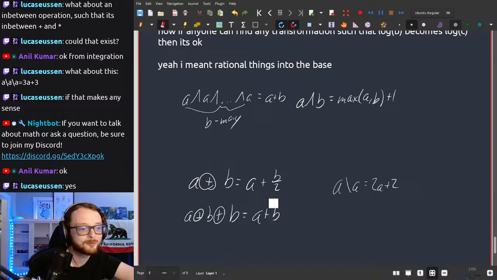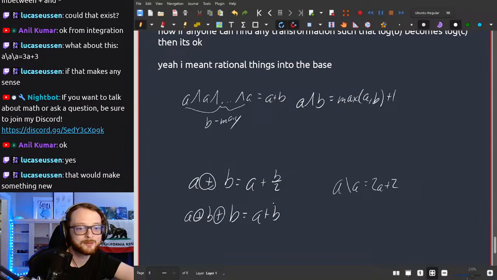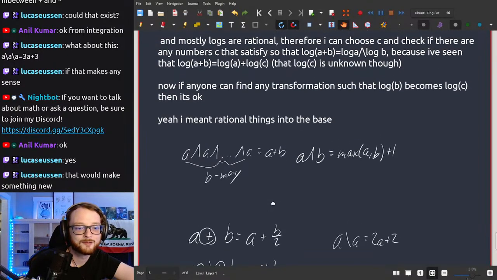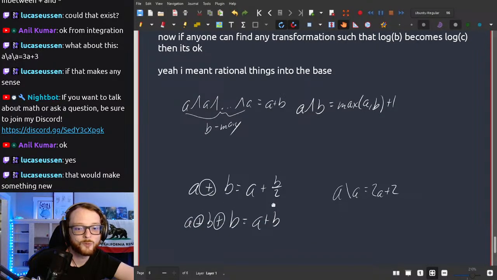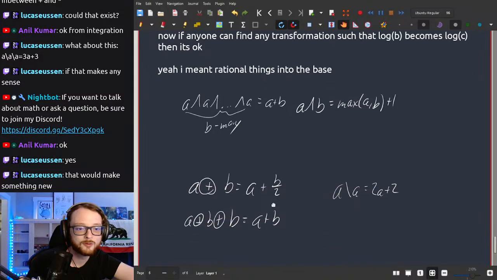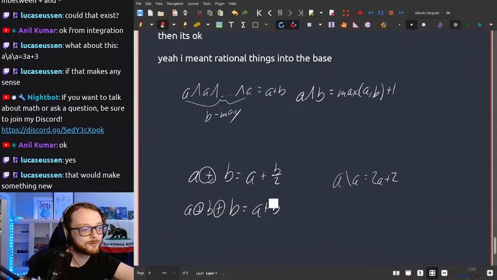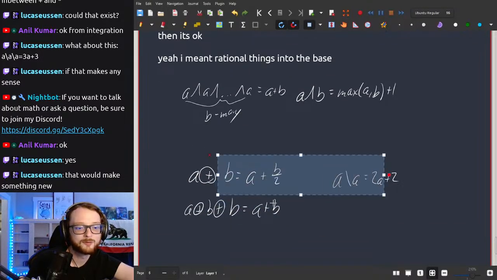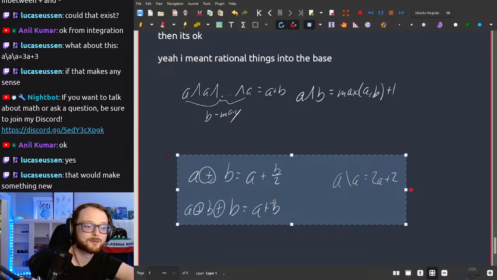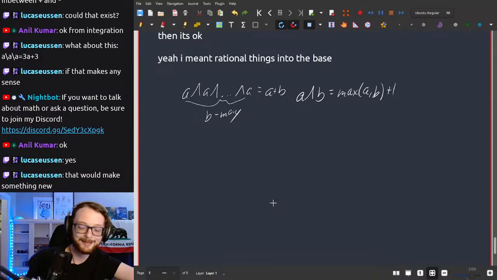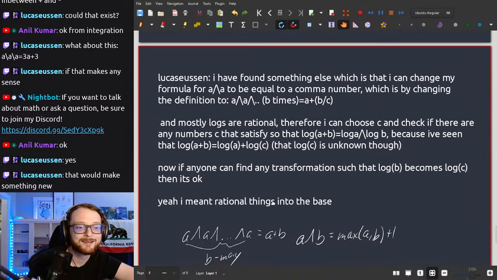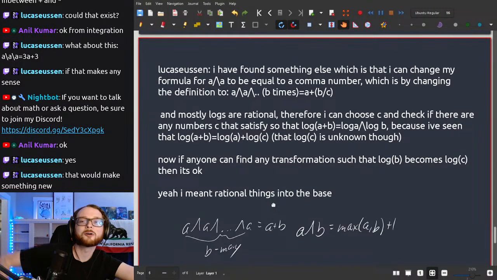I feel like this is very similar to what you were just doing, but it is a little bit different. I don't know what this type of math would be called, like trying to invent new stuff like this.